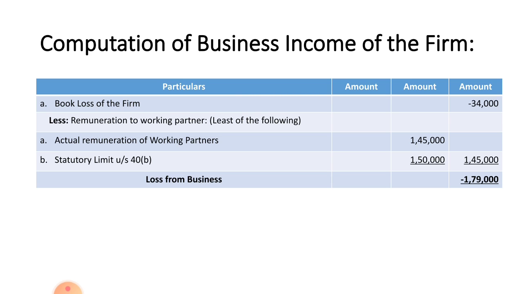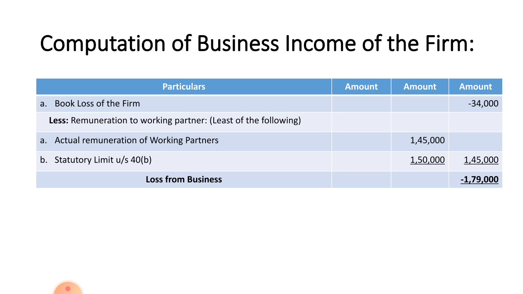See the second one, there is book loss of 34,000. When there is a book loss, statutory limit is 1,50,000 and no more calculations here. That is book loss 34,000 less remuneration to working partners, that is actual remuneration of working partners 1,45,000 or statutory limit under section 40B 1,50,000, whichever is less you have to consider. 1,45,000 is less, so you have to consider that one.